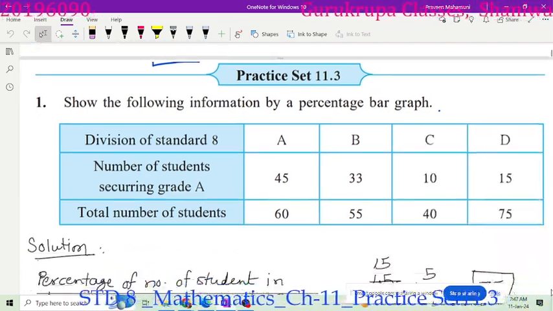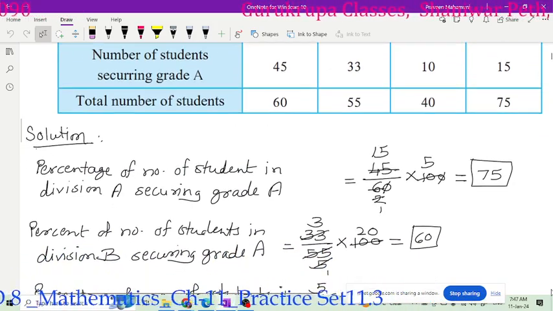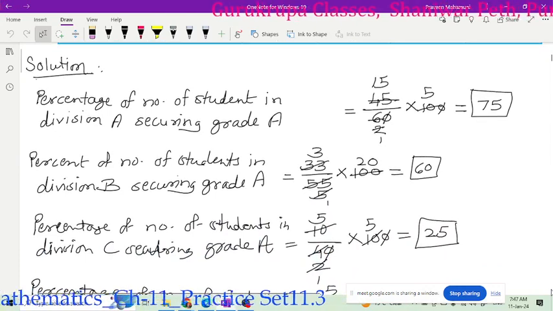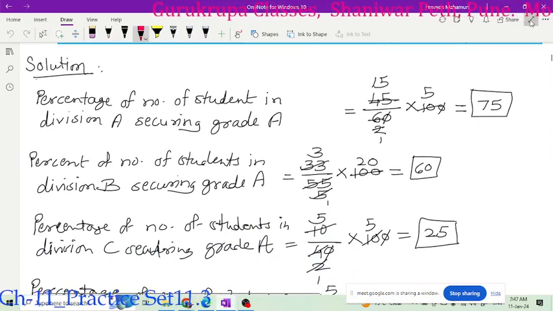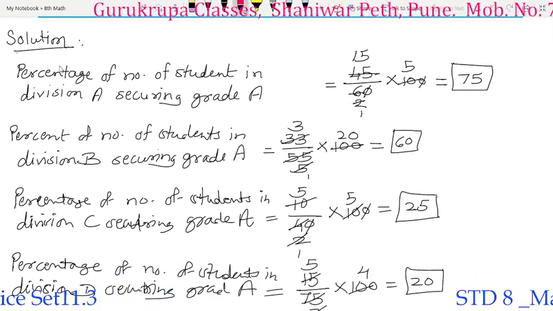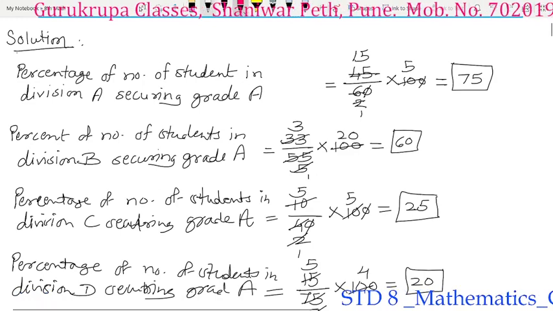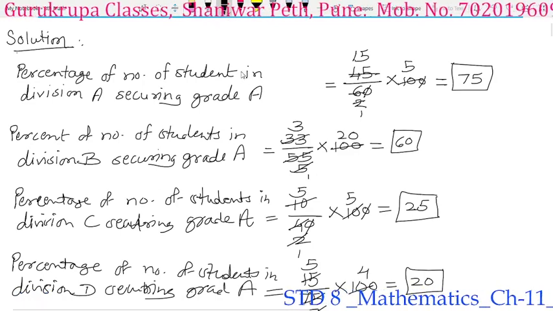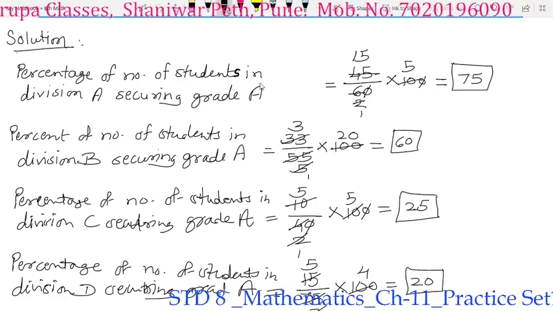Here we go. In the solution, the percentage of students in division A securing A grade.